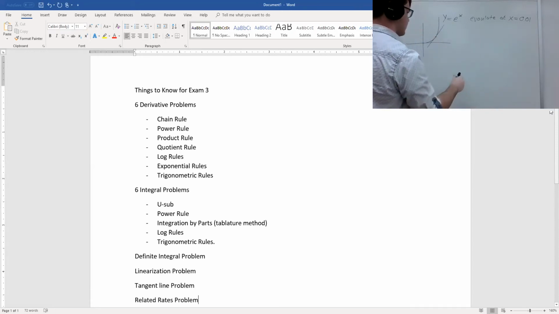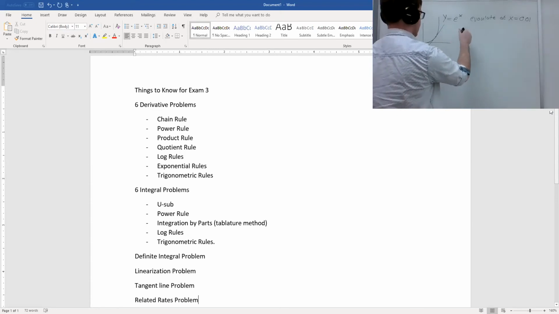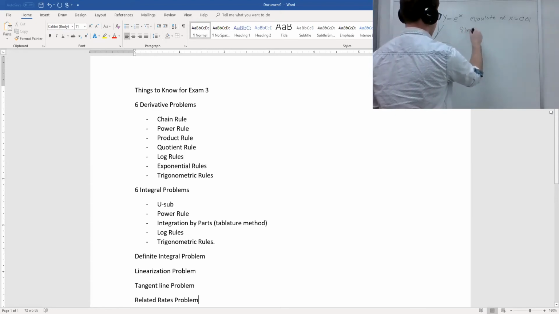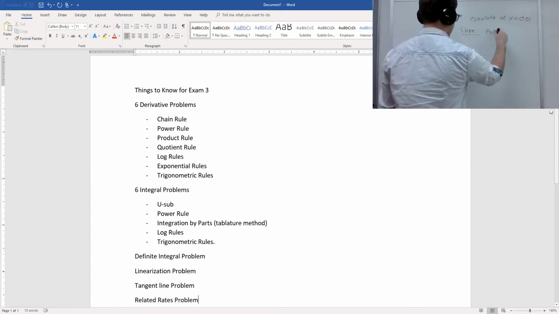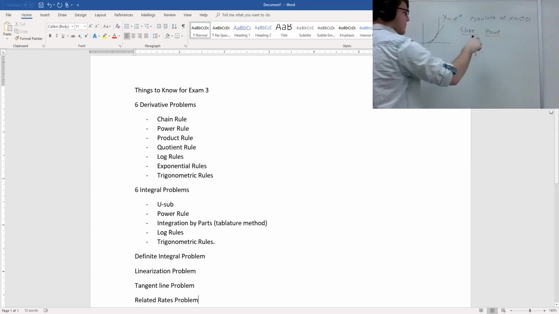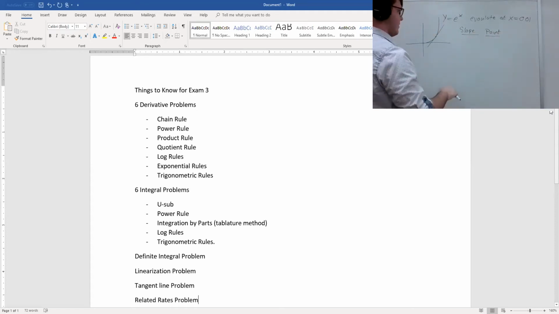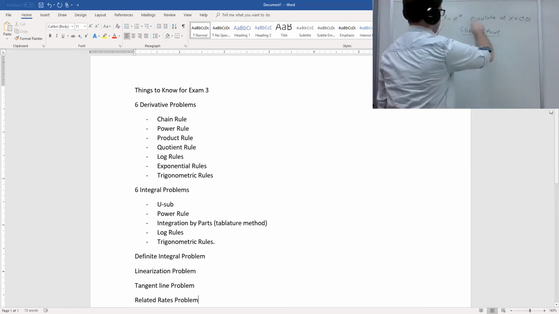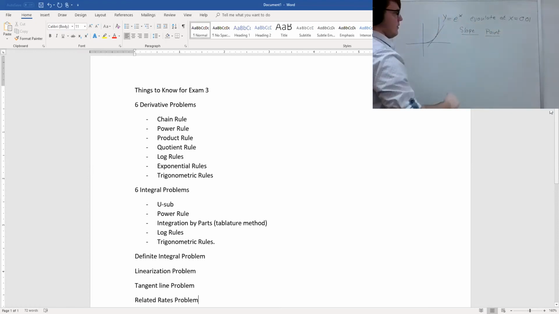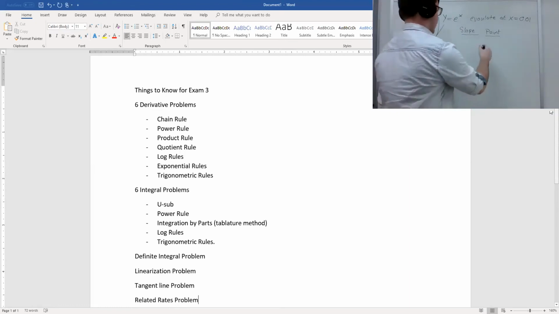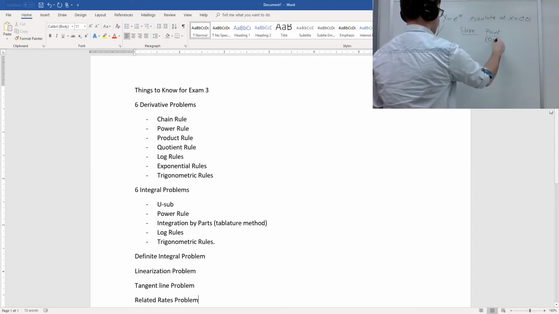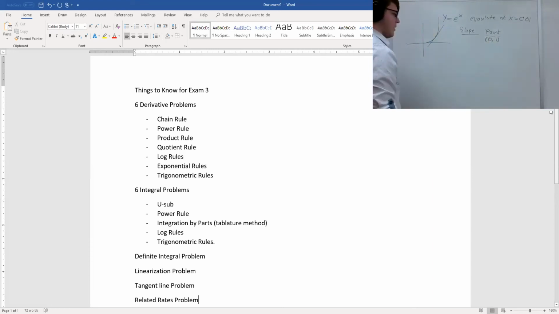So we simply start by finding the tangent line. We need a slope and a point. And this is where linearization is a little bit different. We just choose a number that we know that's very similar to this. In this case it would be 0, because we know that e to the 0 is 1, right? So that would be our point, (0, 1). Now we take the derivative, and this one's really easy.